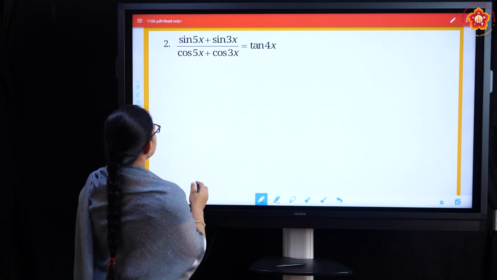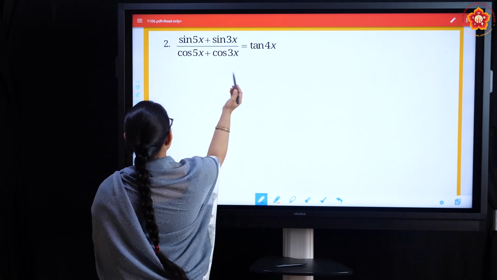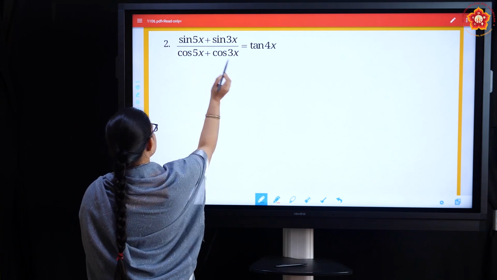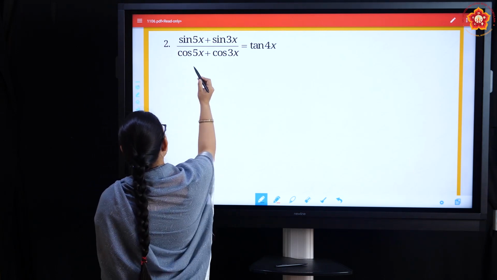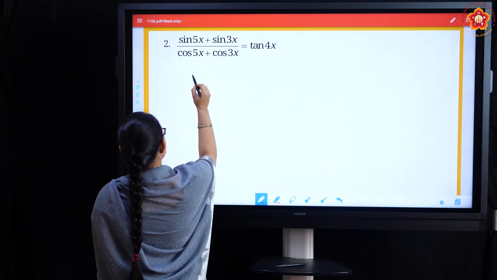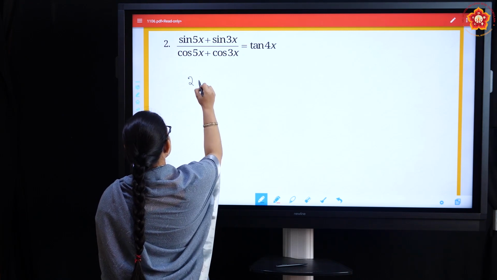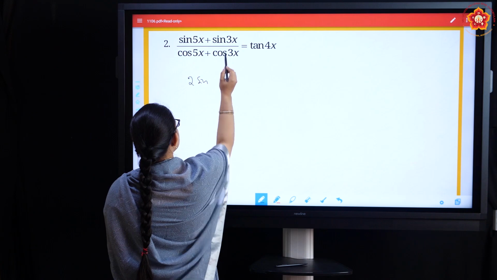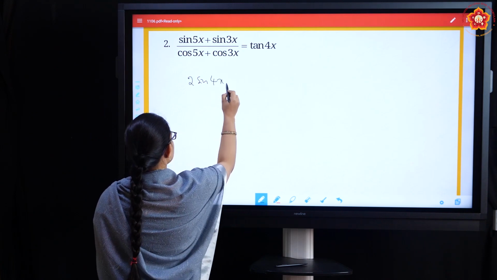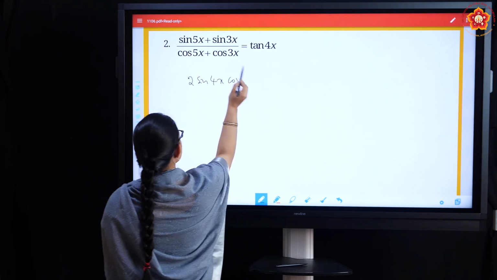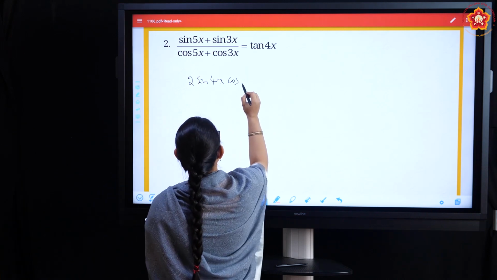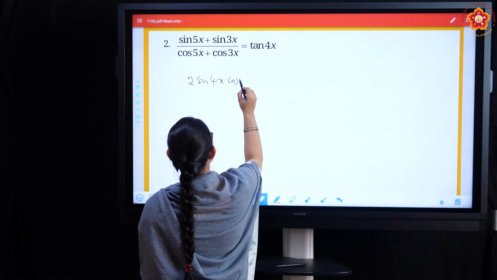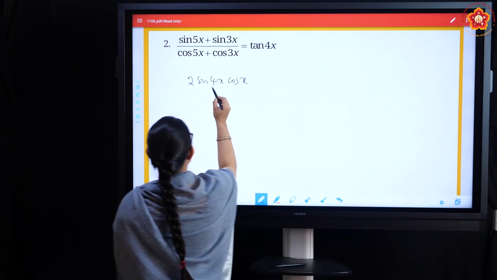Sin 5x plus sin 3x by cos 5x plus cos 3x. Using the sin x plus sin y formula, we have 2 sin (x plus y by 2), that is 5 plus 3, 8 by 2, 4x, into cos (5x minus 3x by 2), that is cos x.